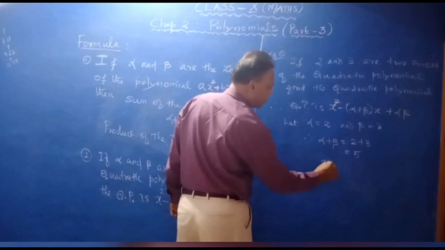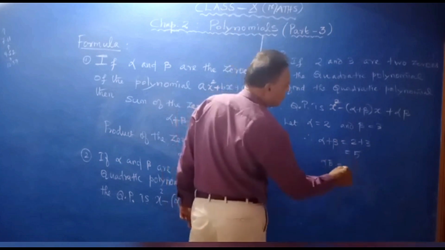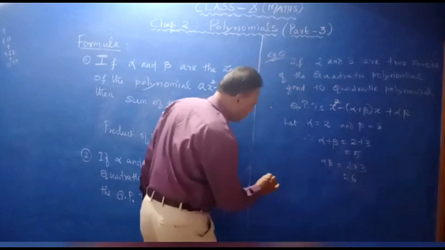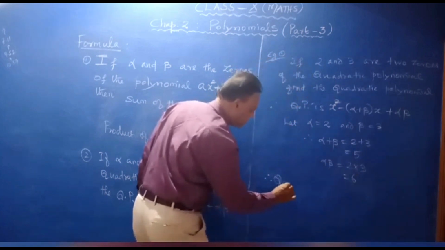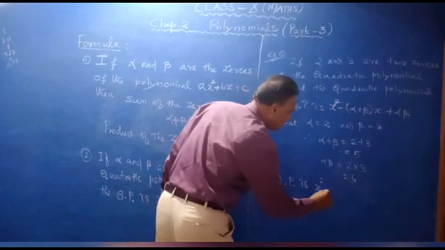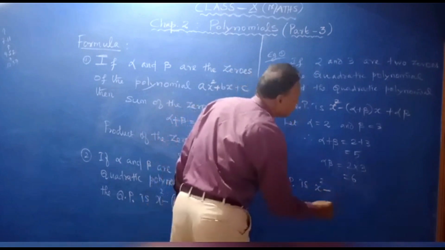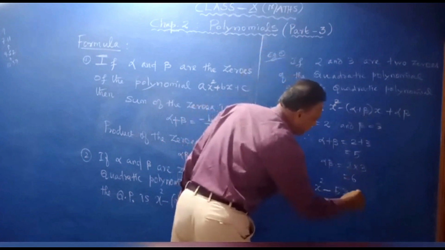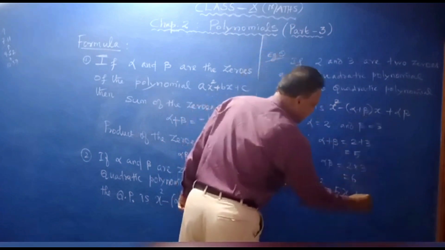Now product: alpha beta equals 2 into 3, that is 6. Therefore QP is x squared minus (alpha plus beta) 5x plus alpha into beta 6.